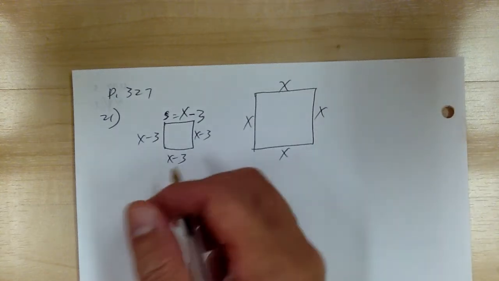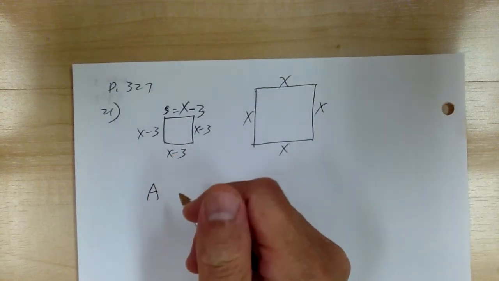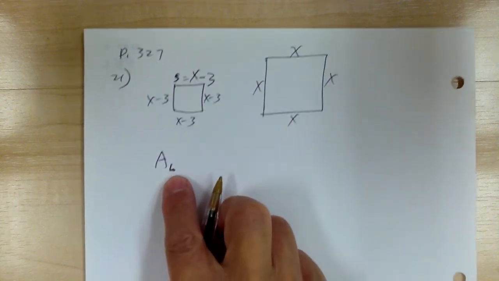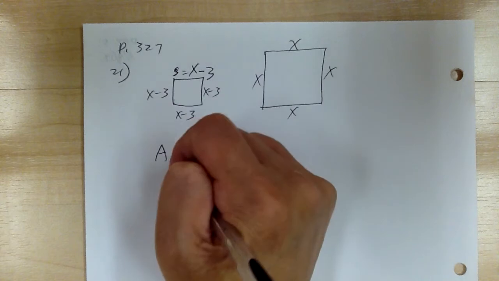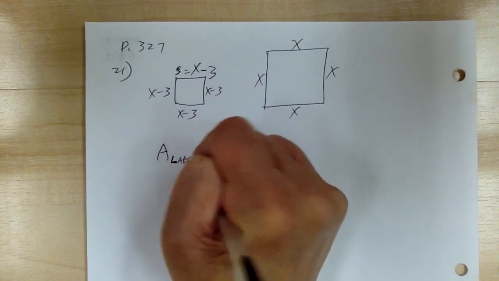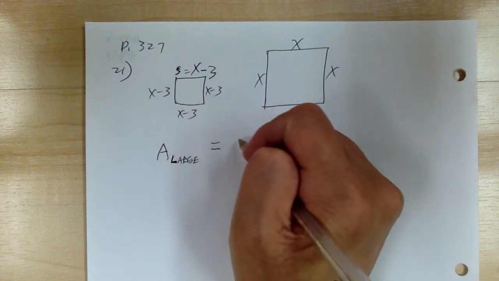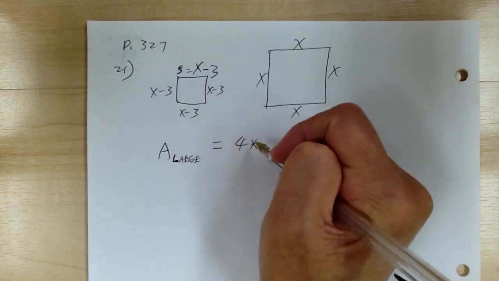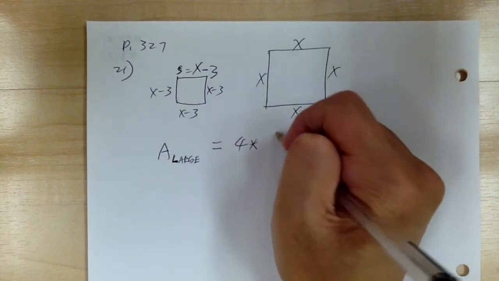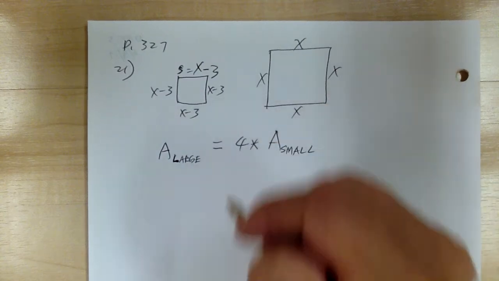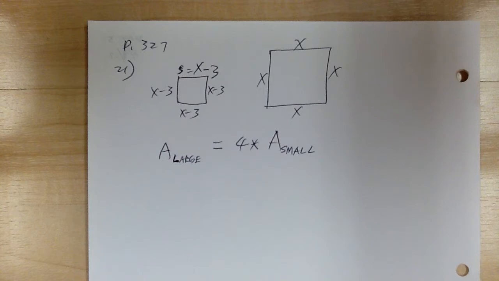It says the area of the large square, I'm going to call it L, where L stands for large. Or you can write it out. So the area of the large square is equal to 4 times as great as the area of the small square. Okay, find the length of each square.